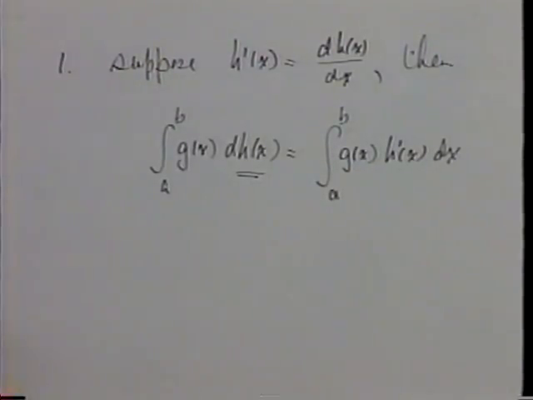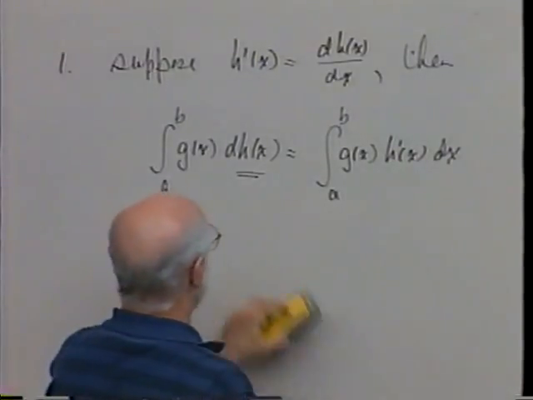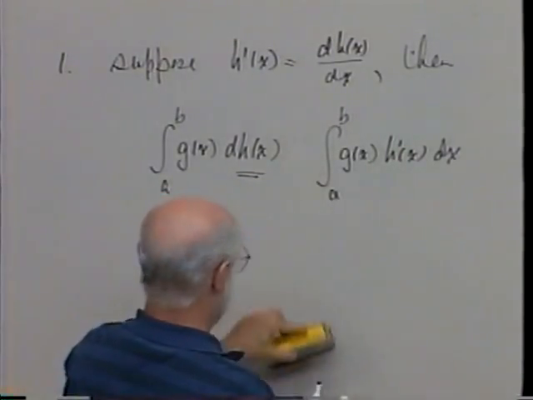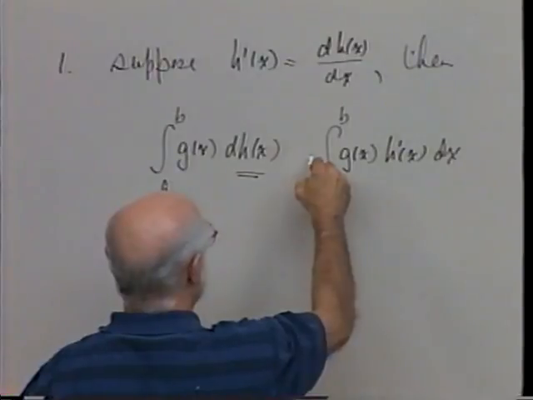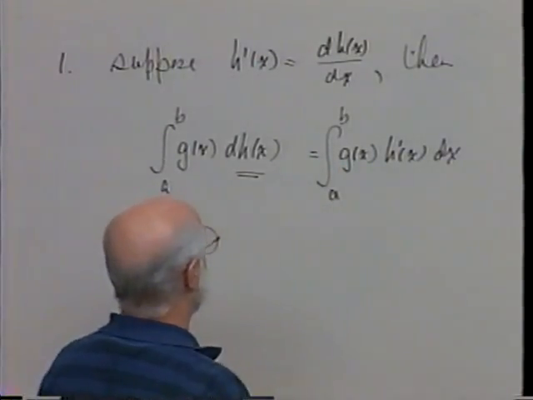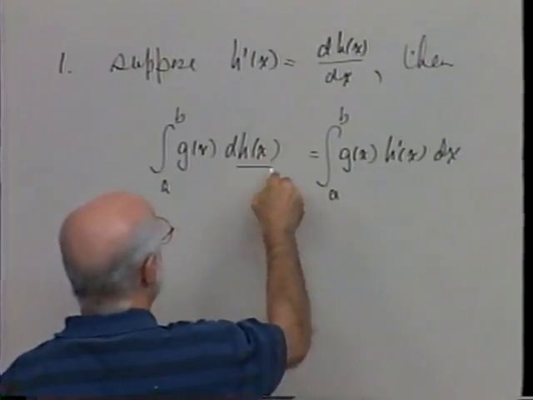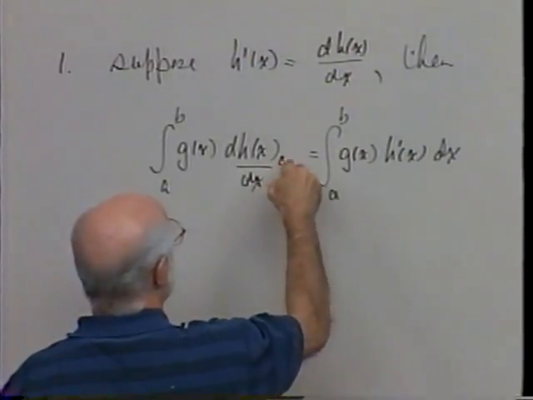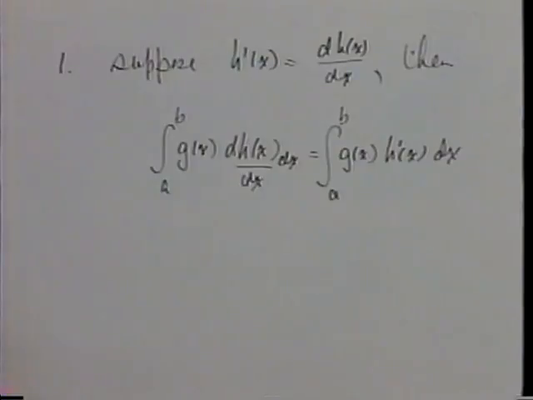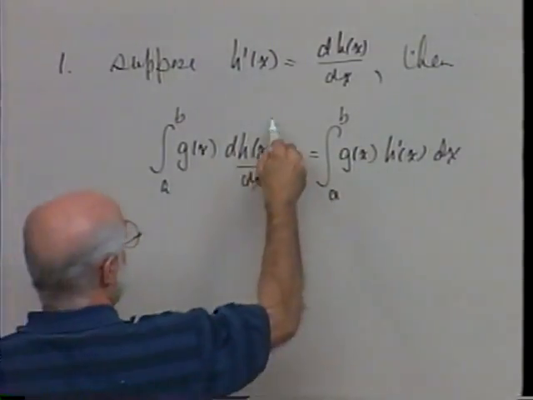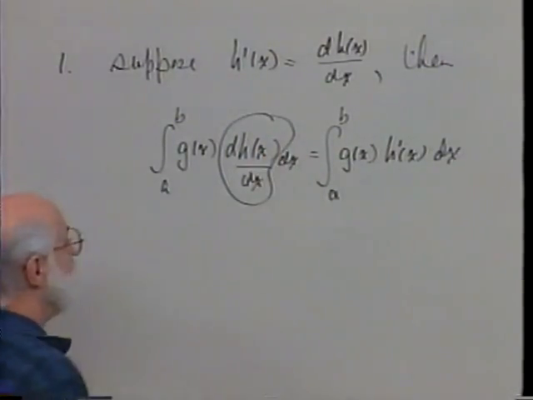And actually the notation suggests that, because I can write it this way. Of course, mathematicians shudder when you do something like this, but I could simply say, wait a minute, why don't I simply multiply and divide by dx? And then this part here is in fact a derivative.